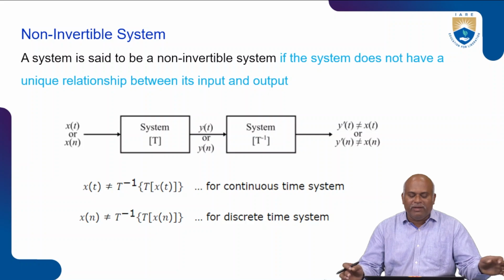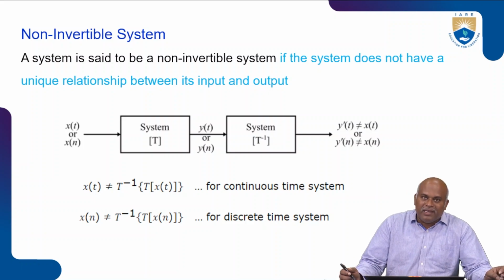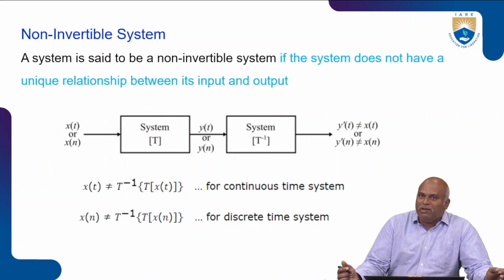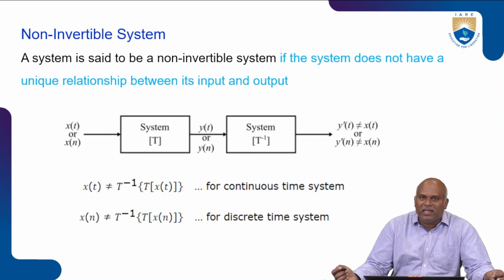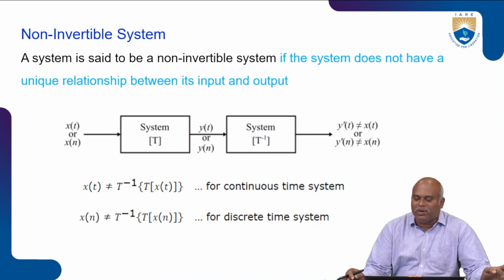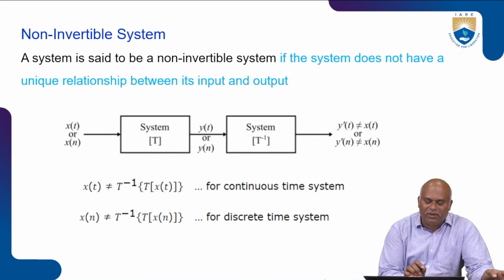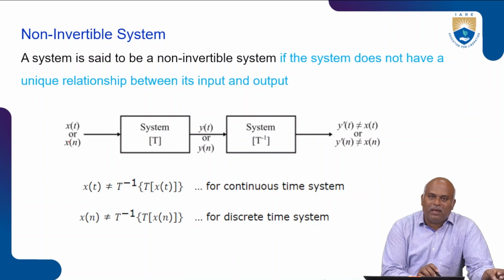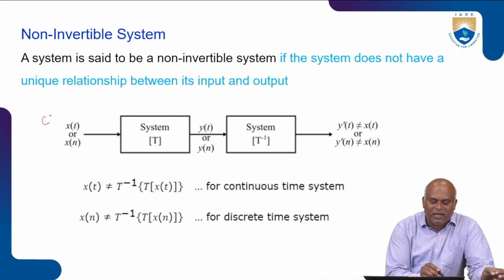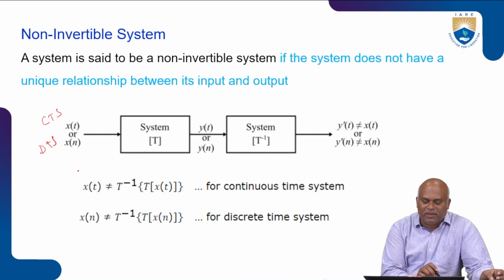Next, the non-invertible system. A system is said to be non-invertible if it does not have a unique relationship between the input and output. Take this diagram. Here we may give a continuous time signal or a discrete time signal, so x of t as well. You apply the system, that is T, and it produces the output y of t.